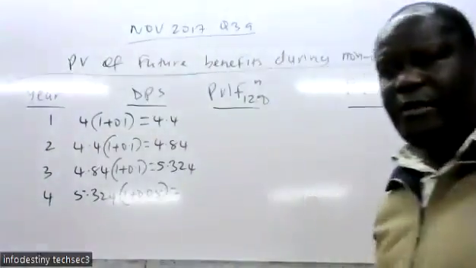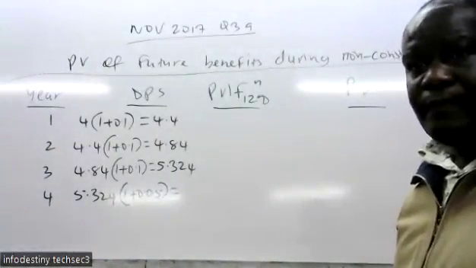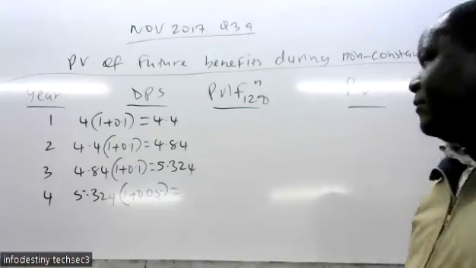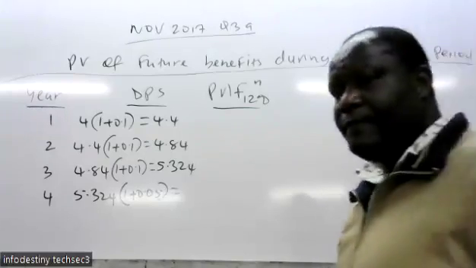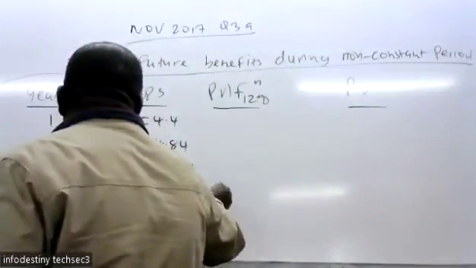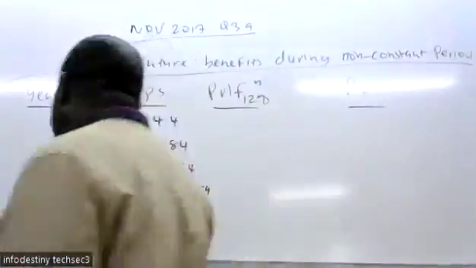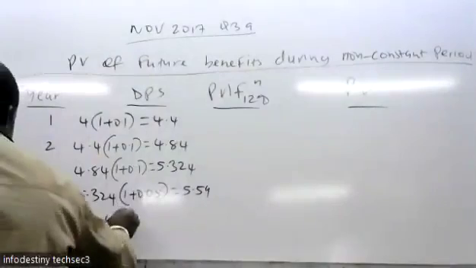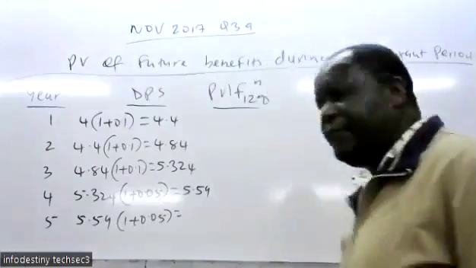That gives 5.59, but just round it off at that point. Then we go to year five, where you take 5.59 and also multiply by 1 plus 0.05.